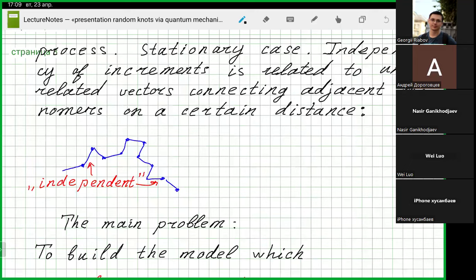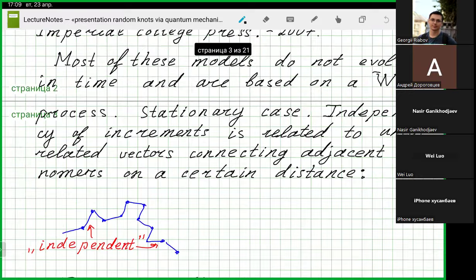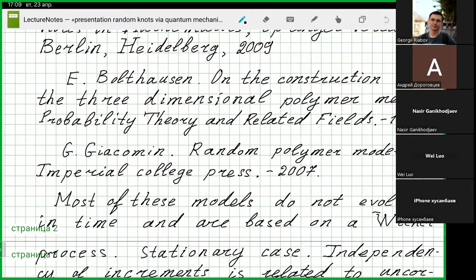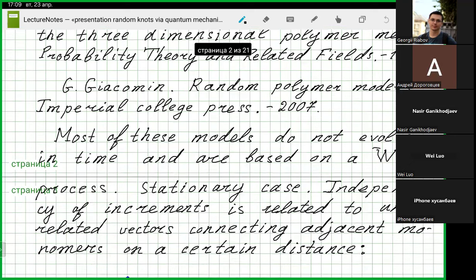There are a lot of problems there. For example, this paper of Bolthausen was initiated by these problems related to the excluded volume effect. We cannot put two monomers in the same place in space, but a Wiener trajectory, for example, in dimension 2, can intersect itself even several times in one point.